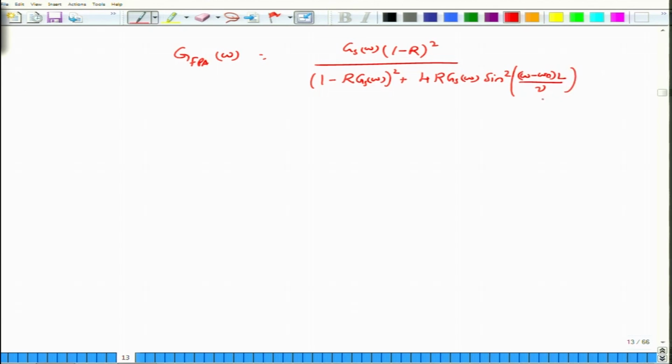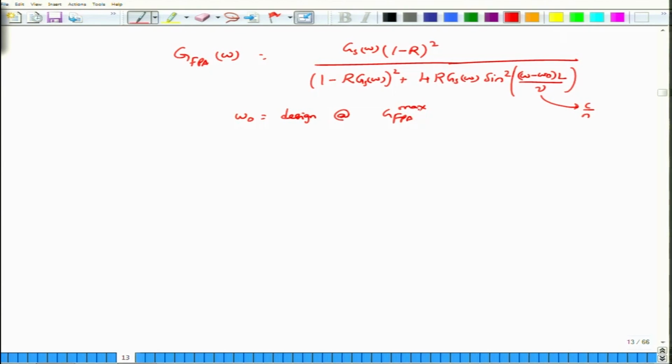Where V of course is given by C by n, the phase velocity. Okay. Because sine squared is an oscillatory function, the overall gain will be an oscillatory function. Omega 0 is called the design frequency. It is the frequency at which the gain will be maximum. Okay.